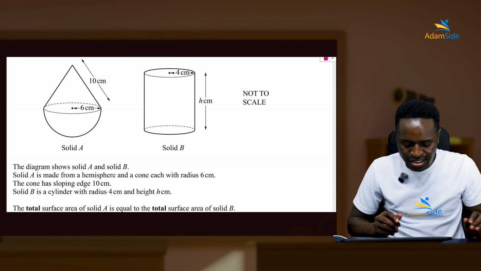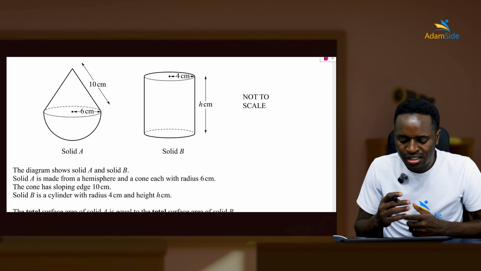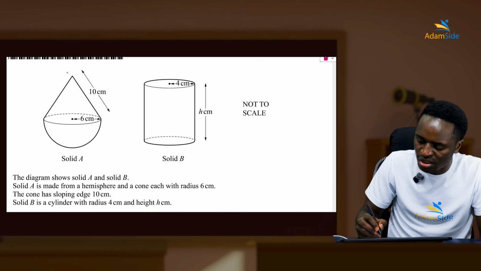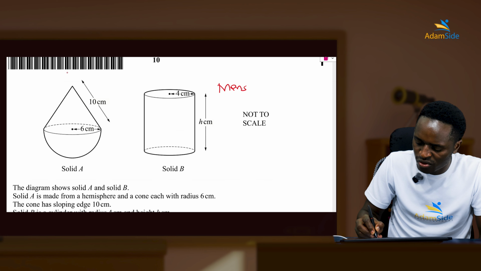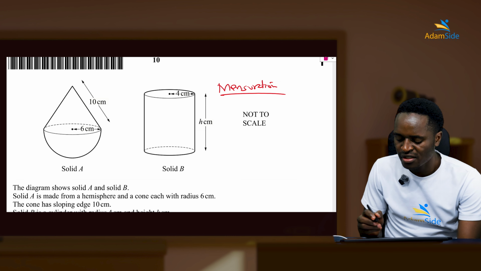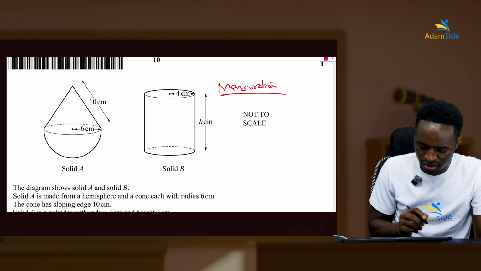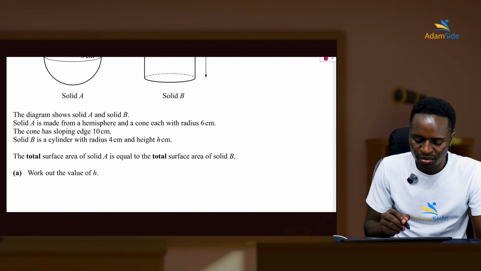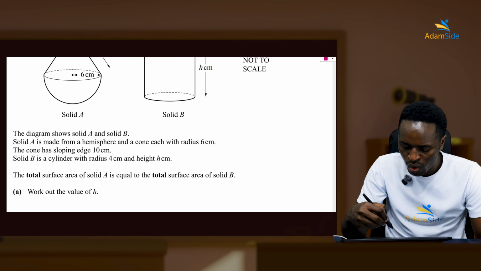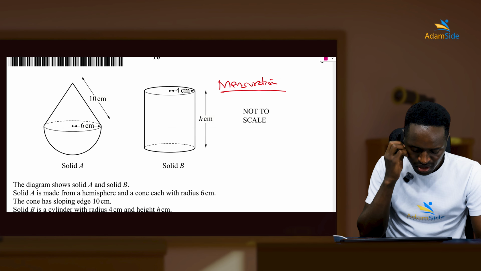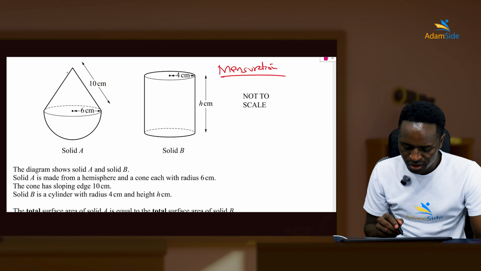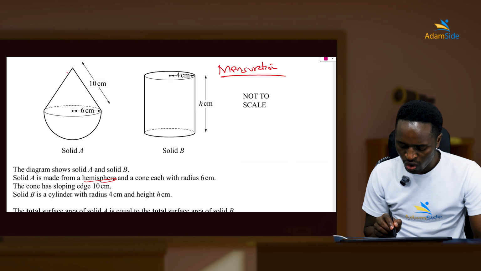Question number 13 says the diagram shows a solid. This is the topic of mensuration, volume and surface areas of 3D shapes. Here we have a hemisphere together with a cone, and then a cylinder. Solid A is made from a hemisphere and a cone, each with radius 6 cm.